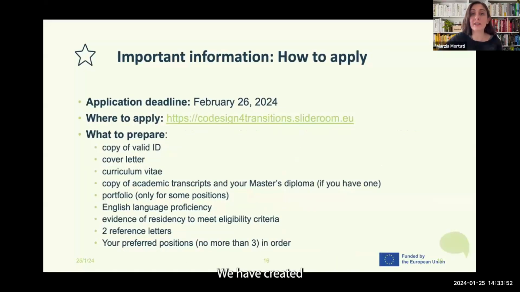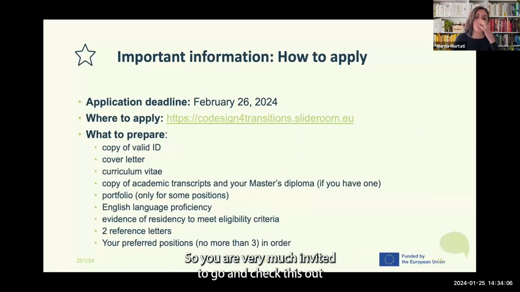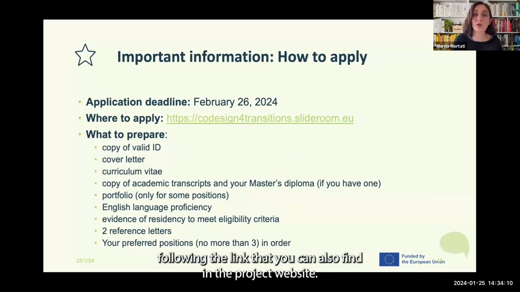We have created a central platform, a digital space in which we are collecting all the applications for all the 13 positions. So you are very much invited to go and check this out, following the link that you can also find in the project website.